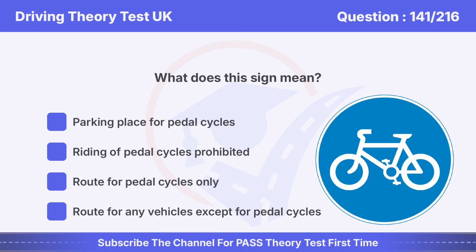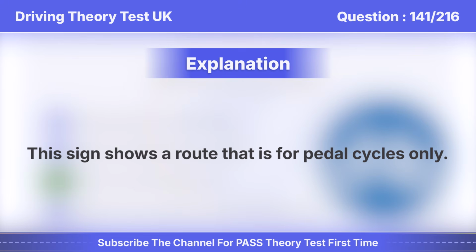Question 141. What does this sign mean? Answer is C. Route for pedal cycles only. This sign shows a route that is for pedal cycles only.